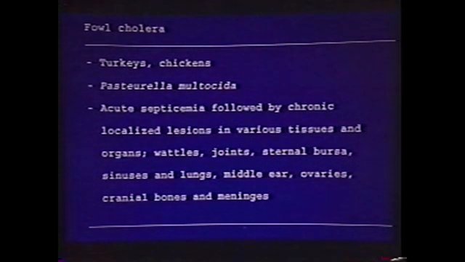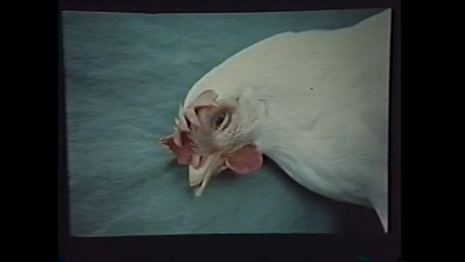The chronic fowl cholera is characterized by localized infection. Exudate is localized in the wattles and the joints, sternal bursa, sinuses and lungs, middle ear, and the ovaries, cranial bone, meninges causing torticollis. We'll see some of these as we go along.